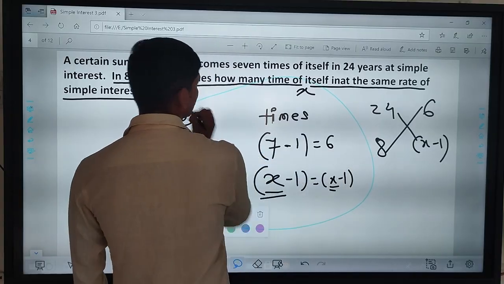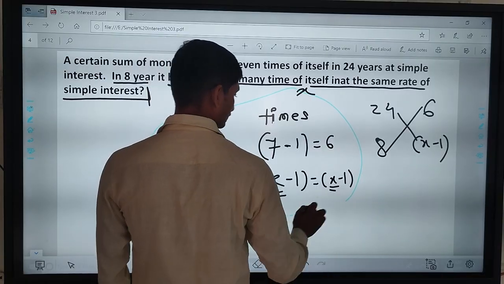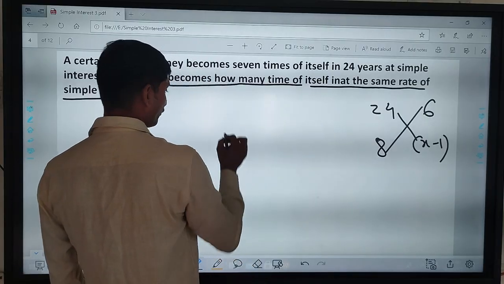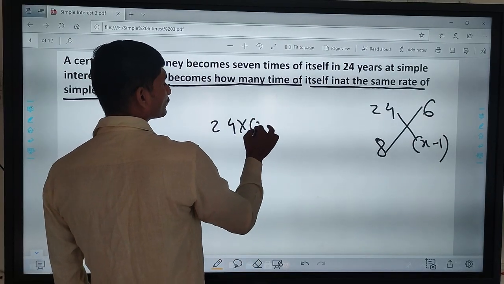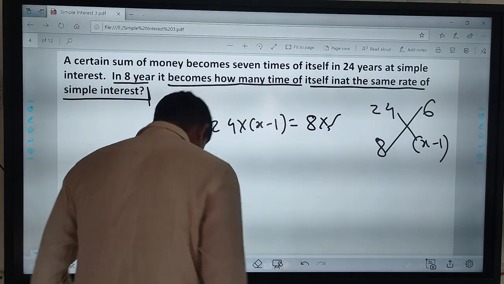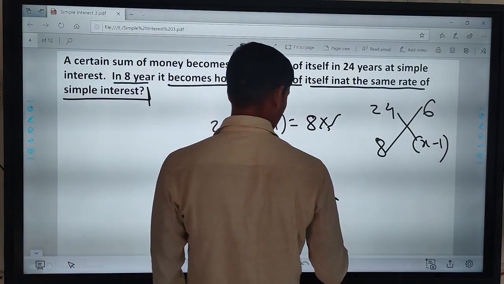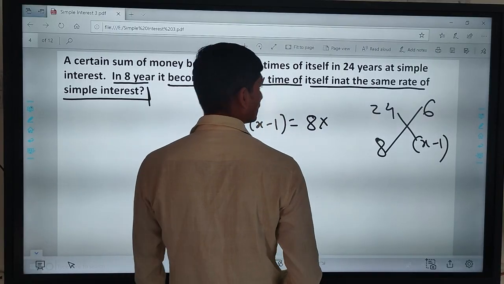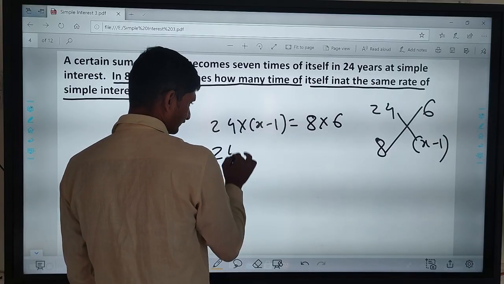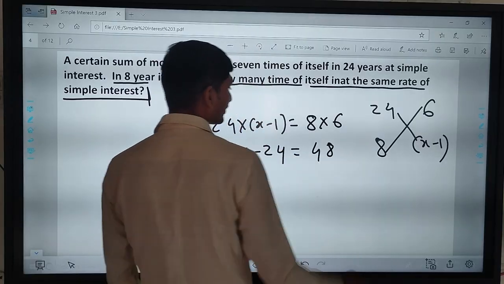We find the value of x by solving these two. 24 into x minus 1 is equal to 8 into 6. So 24x minus 24 is equal to 48.